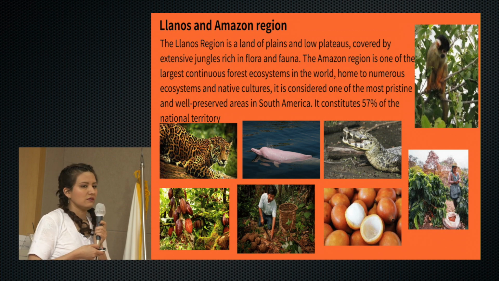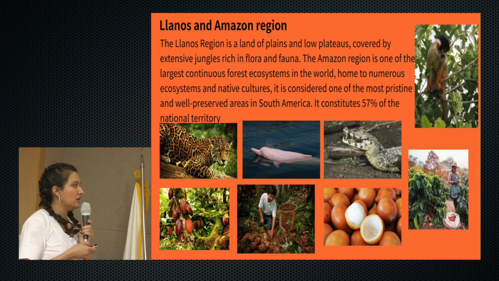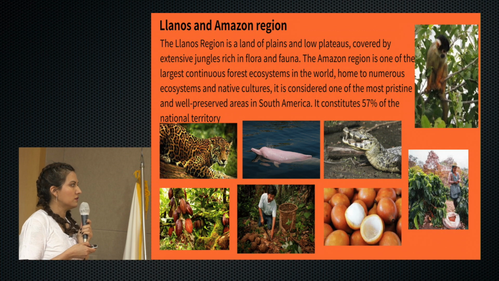So here we have all the Amazon. We share the Amazon too with Brazil and part of Peru. We have this dolphin living in sweet waters, in the Amazon River.